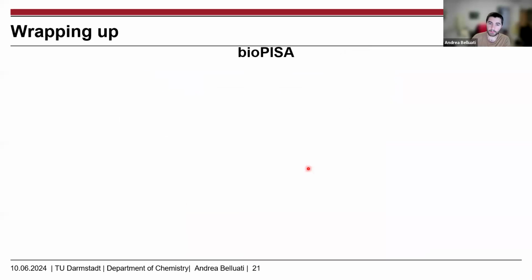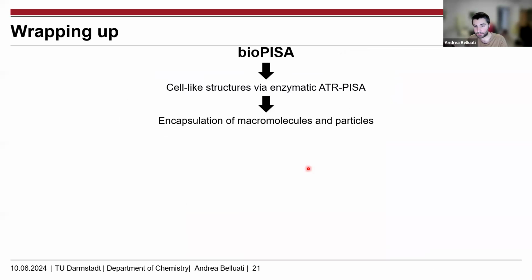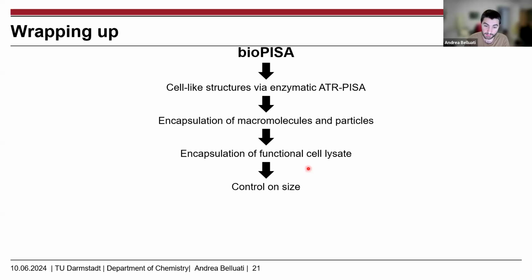So to wrap up what I have been talking about, this concept of biopizza produces cell-like structures using an enzymatic atom transfer radical polymerization. We can encapsulate macromolecules, particles, nano, micro, even bacteria. Most importantly, we can encapsulate a cell lysate that is functional in the sense that it can still have a metabolism to produce proteins.